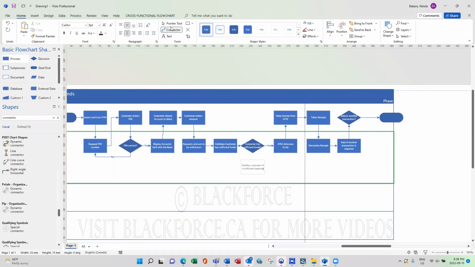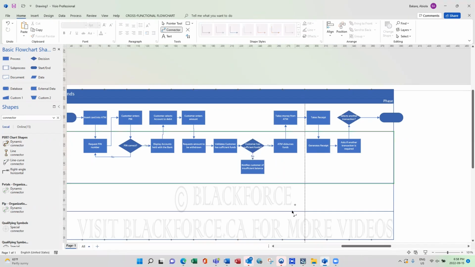Okay, so here we're going to select a connector, put a connector in here, and in here we're going to type no. The customer does not have enough funds. So again, to keep this simple, we're going to say it ends.